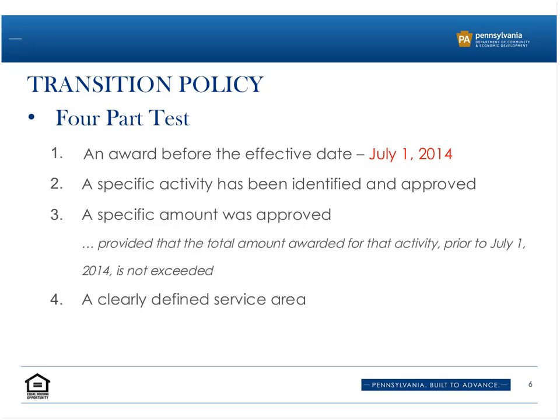When we say specific, the activity had to be complete in the activity description, where it was going to be, and you had to have received DCED's approval. And one of the other key points is that it says that a specific amount was approved. Even if you did a multi-year activity, if you did not state what those subsequent years' fundings would be, then it doesn't count.